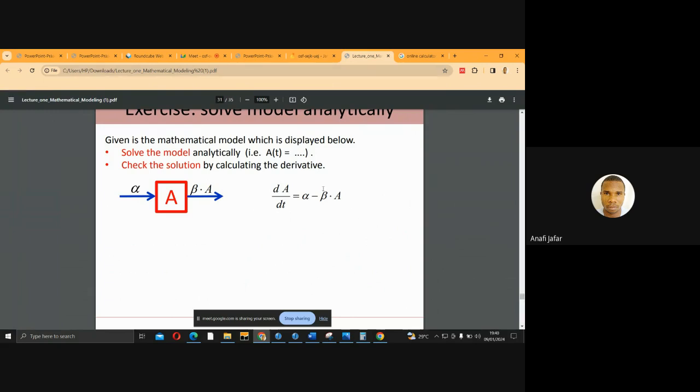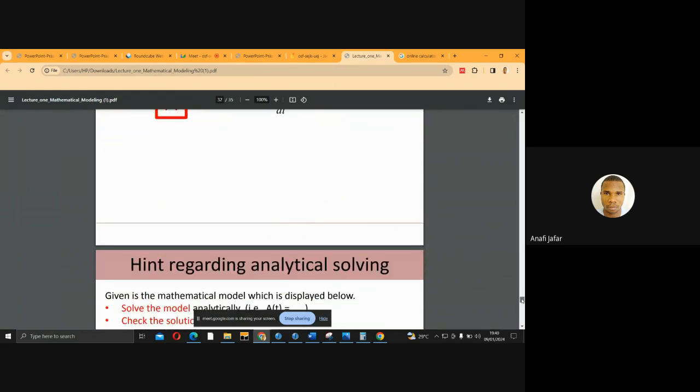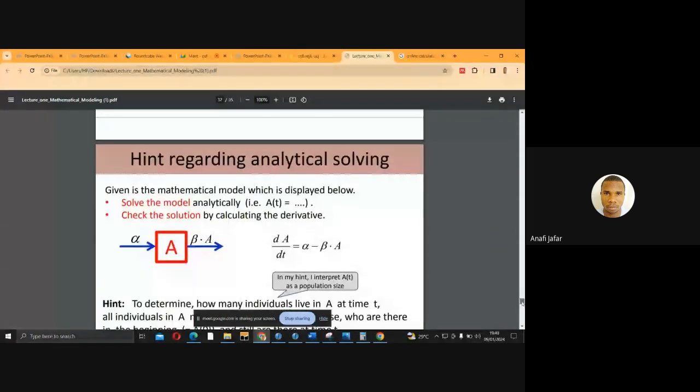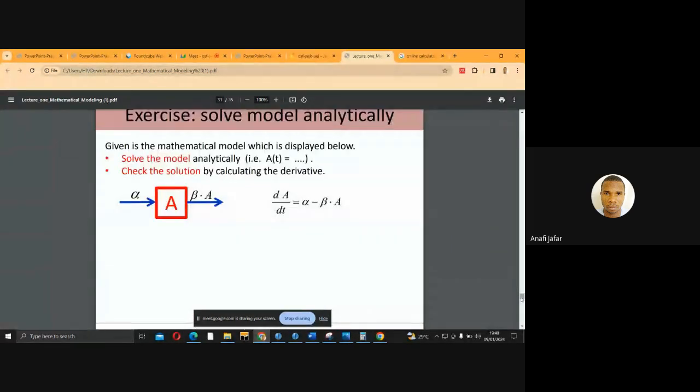This one is complex, and we can use one time to solve it analytically. Please try the solution of this question so that when you come back next week you will not be surprised, because we have to do this next week. It gives you an introduction to modeling.